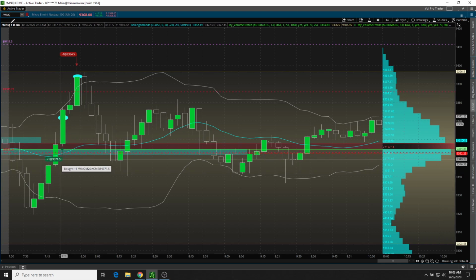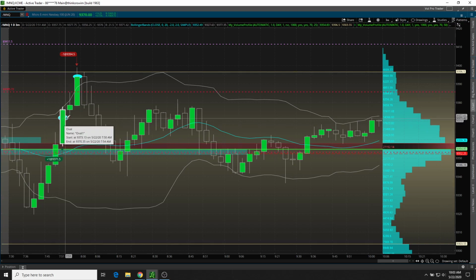I went with the mini NQ for this trade because you can see here that this low down in this area was around 23, and I'm already chasing this.